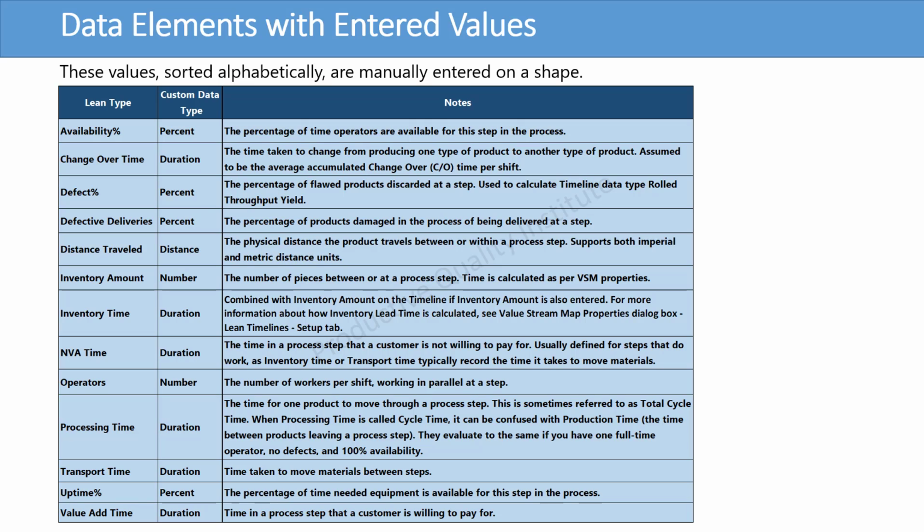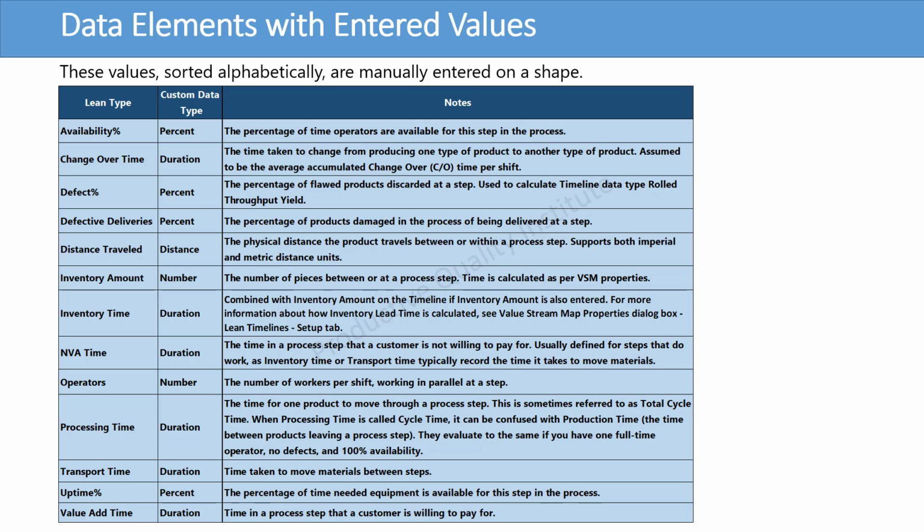Percentage of defect: the percentage of flawed products discarded at a step, used to calculate timeline data type, rolled throughput yield. Percent of defective deliveries: the percentage of products damaged in the process of being delivered at a step. Distance traveled: the physical distance the product travels between, or within a process step, supports both imperial and metric distance units.